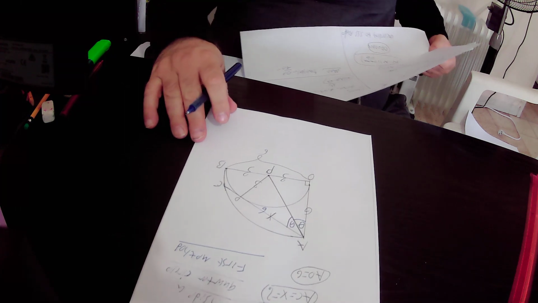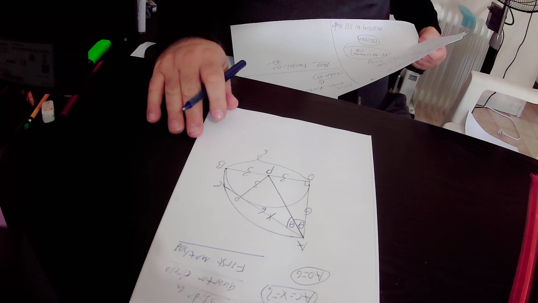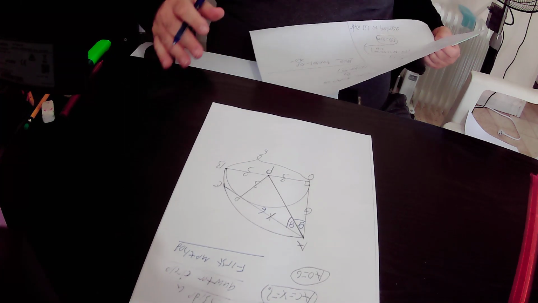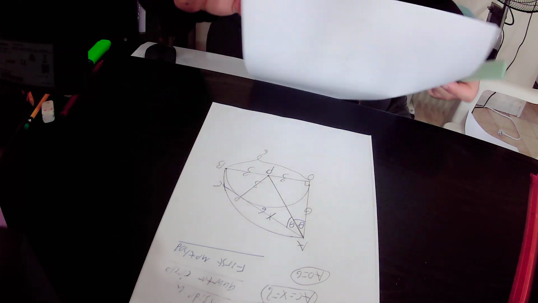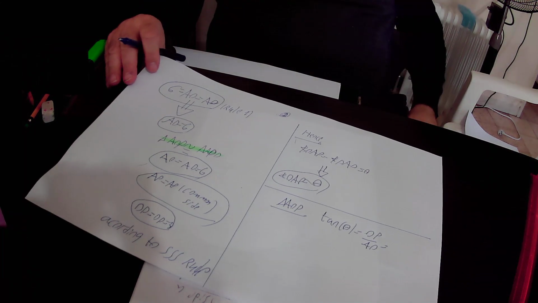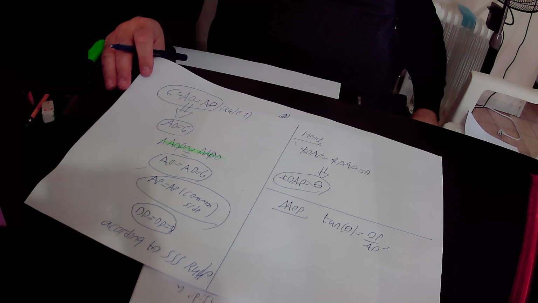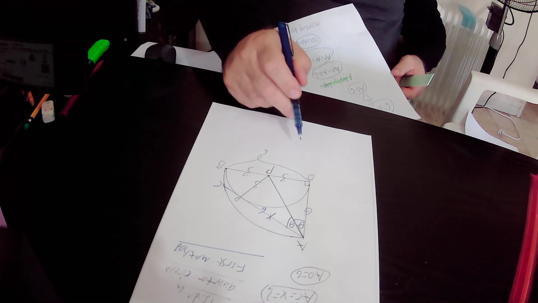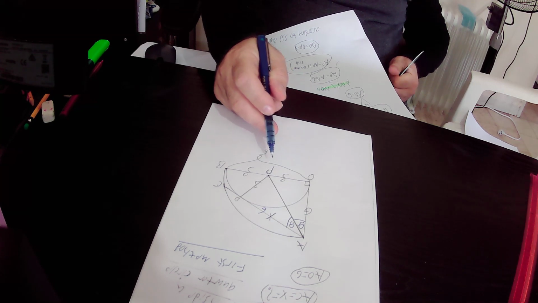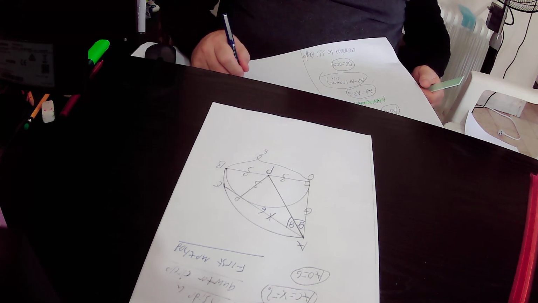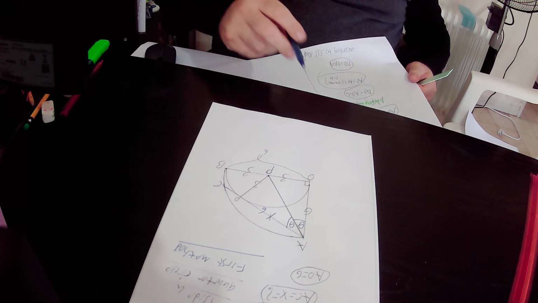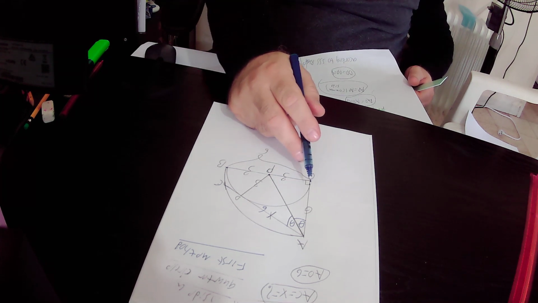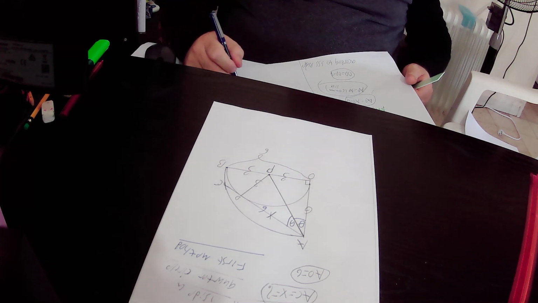And repeat again. In the right triangle AOP, tangent theta equals OP over AO. OP equals 3 units, it is the radius of the semicircle. And AO equals 6 units, it is the radius of the quarter circle.